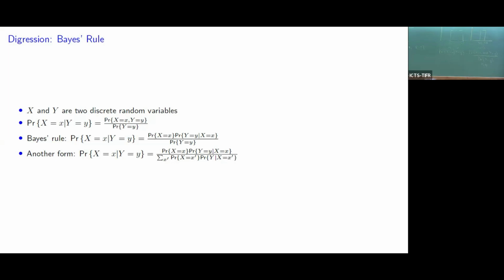Now, what Bayes rule does is that it tries to put this in a slightly different way. Okay? So you have the probability of x given y as the probability of x and y divided by the probability of y. It just tries to express this probability of xy in a different way. How do we get this numerator here?